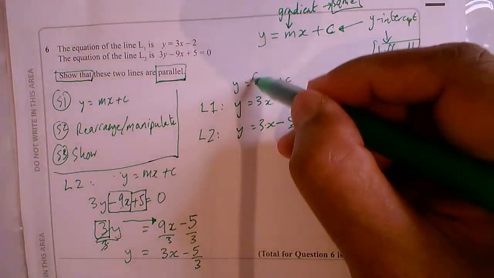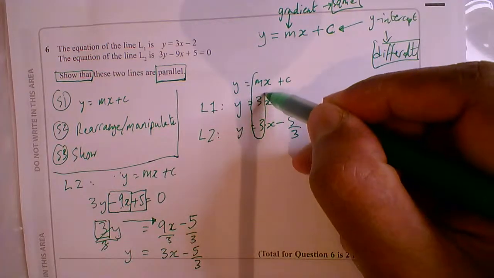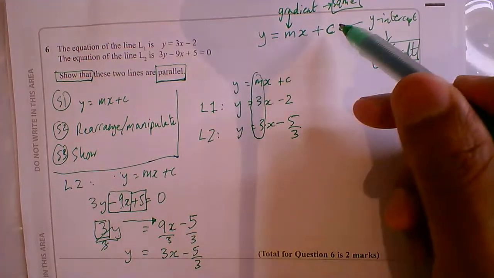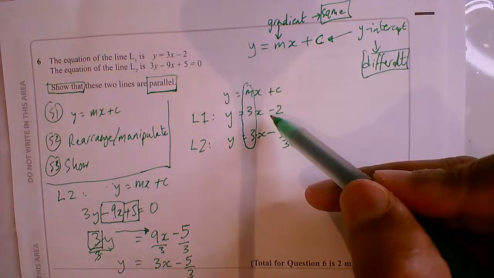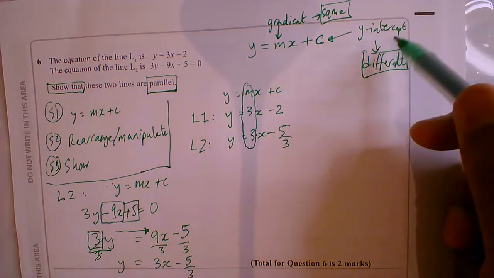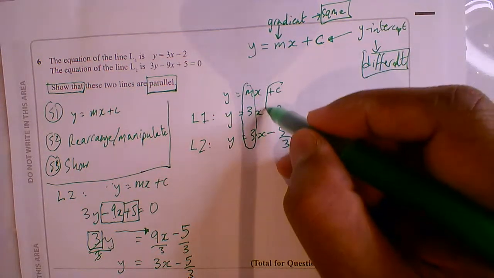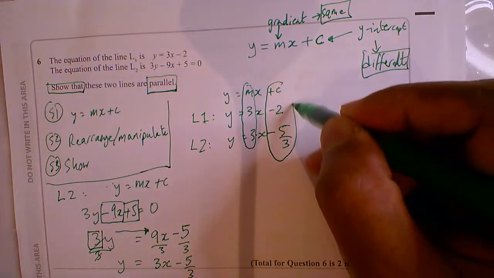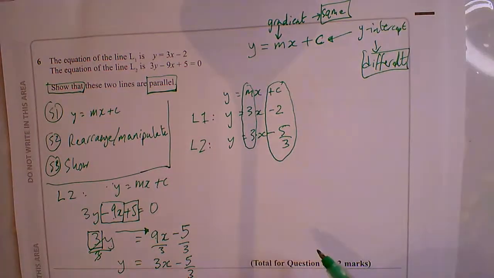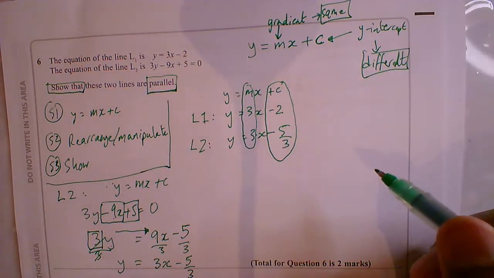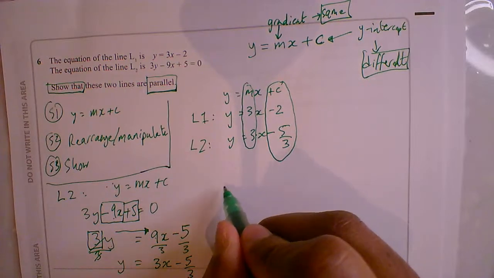So you can now see that the gradients are the same. That's what I wanted to show earlier. And then the y-intercept is different. So you can see that the y-intercepts are different.